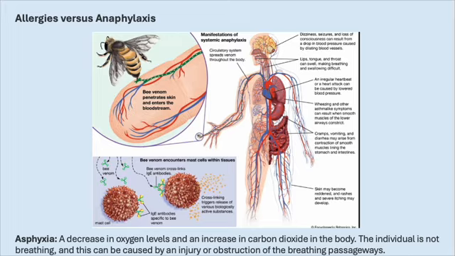This is a condition where the body is deprived of oxygen while carbon dioxide levels spike. In anaphylaxis, this is often caused by the obstruction of the breathing passageways, right? So as the lips, tongue, and throat swell up, this causes the individual to stop breathing entirely. So asphyxiation is where the individual is not breathing due to the obstruction of the breathing passageways.